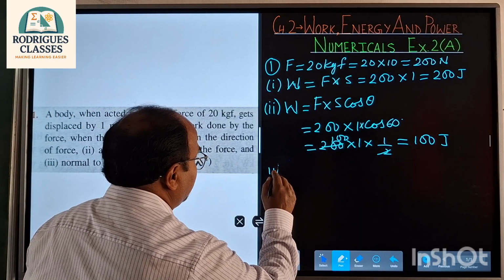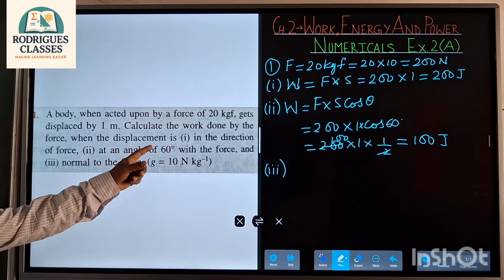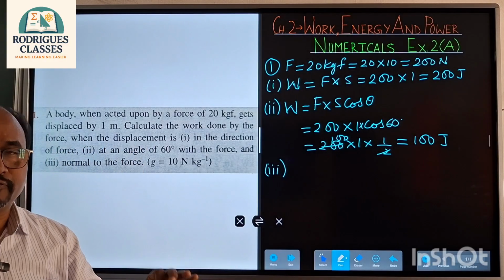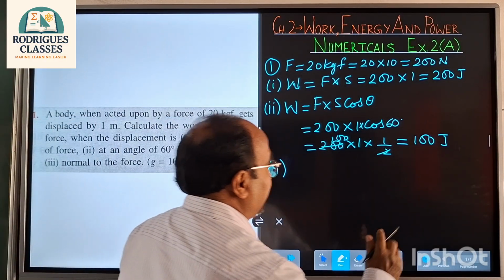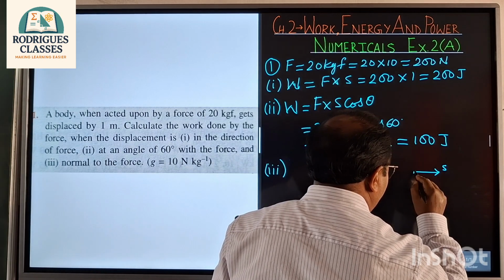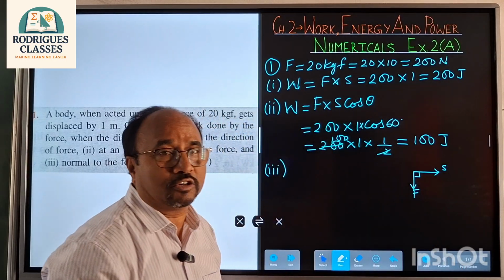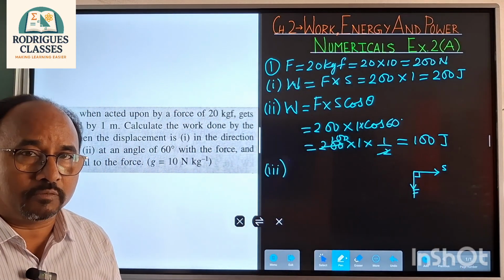The third one, now see what it says, that the displacement is normal to the force. So if I say the displacement is in this direction and the force was acting in this direction, they are perpendicular to each other, so that is normal, okay?